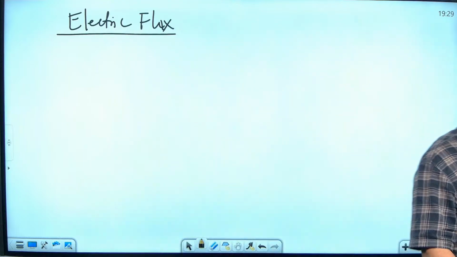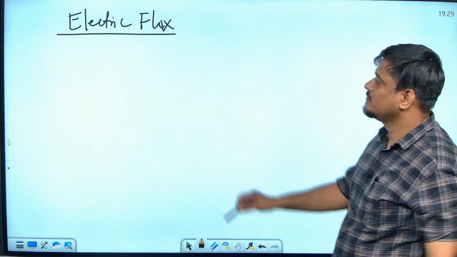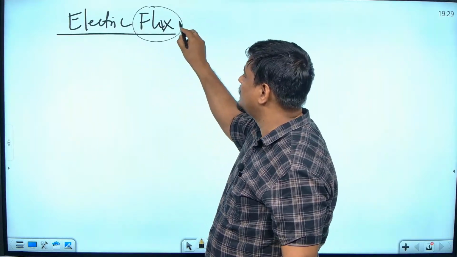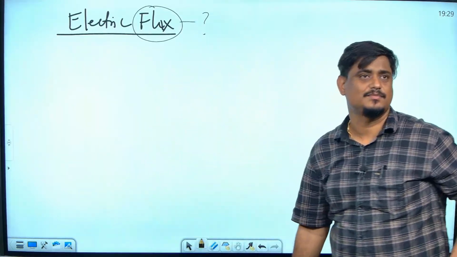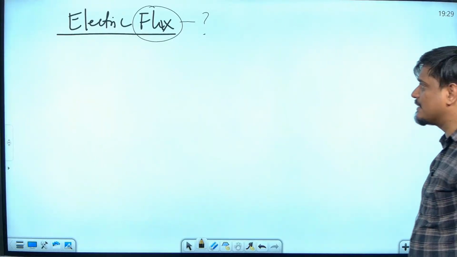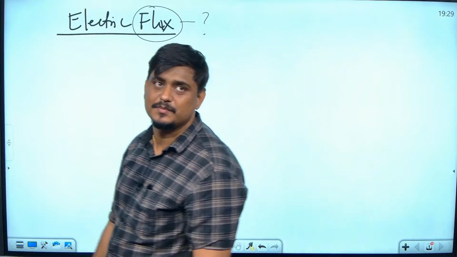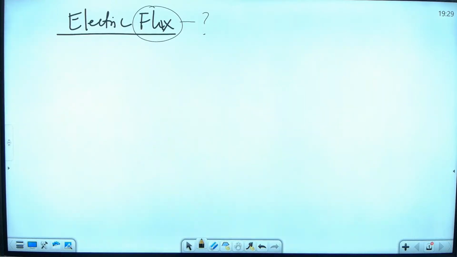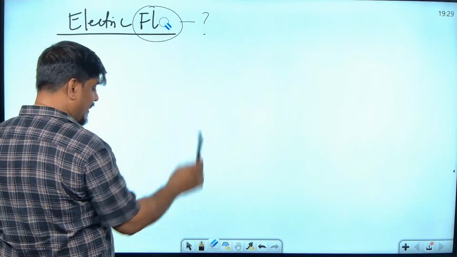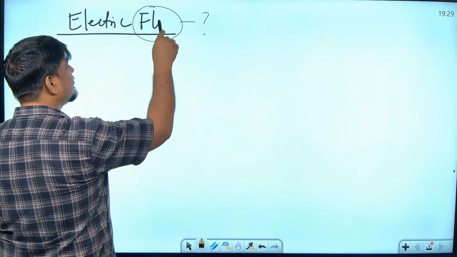So let me ask this to Anshul. What is the meaning of the word flux? Have you heard this before? Flux? First time hearing. Kavya, any idea what is the meaning of the word flux? Loudly once again, please.